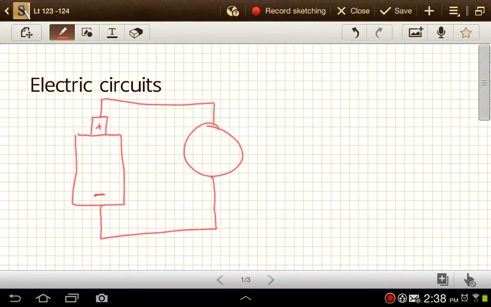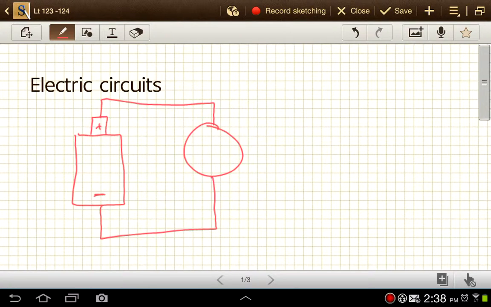Our wire goes back to the negative side of the battery. And so this is going to allow electrons to move through this wire. The electrons are moving in this direction. They go through whatever this thing is and toward the positive end of the battery. They're pulled that direction by these positive charges that exist here.